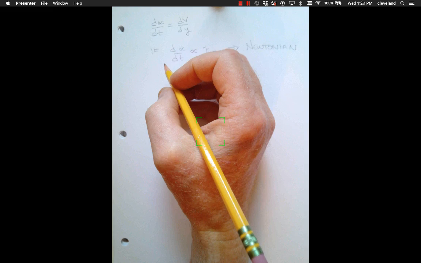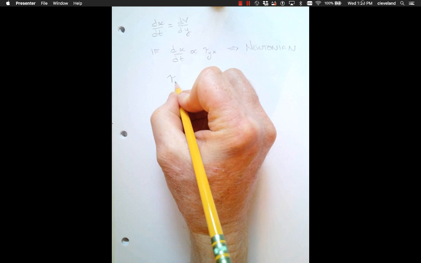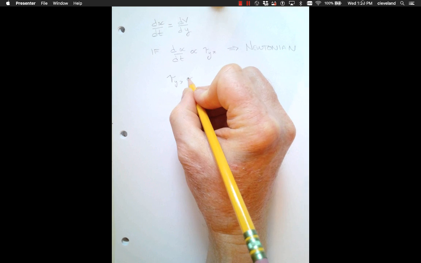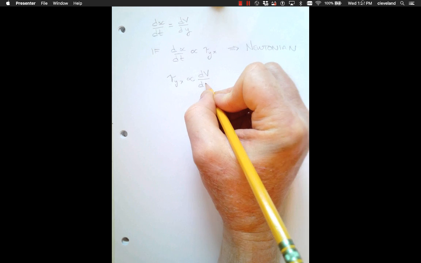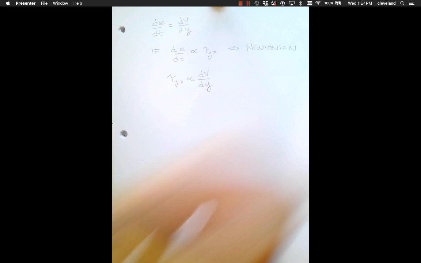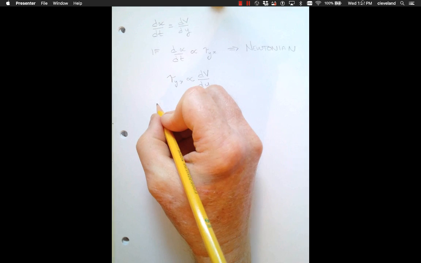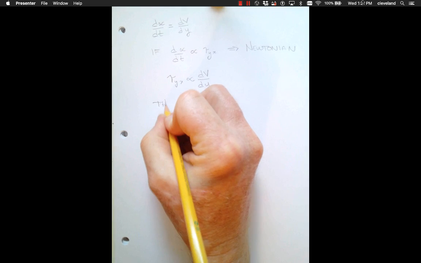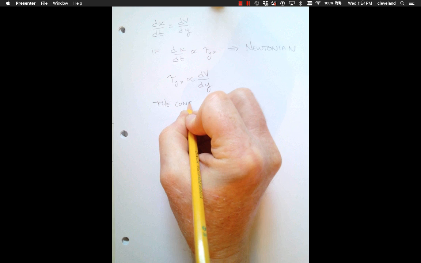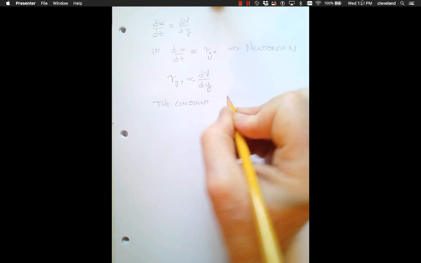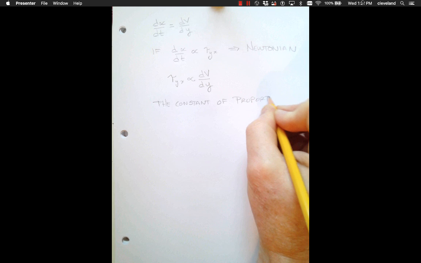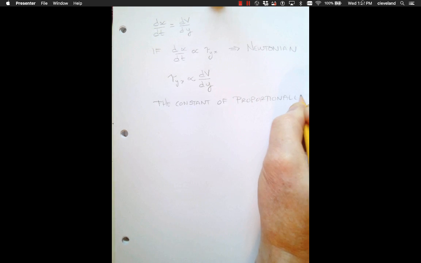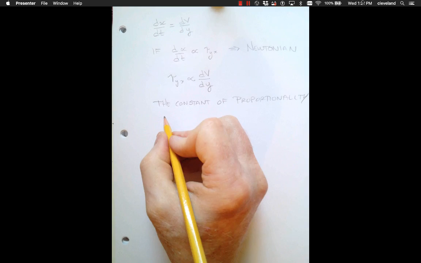If that's the case, we have tau yx in turn is proportional to the velocity distribution, dv dy, and the constant of proportionality is called the absolute viscosity.